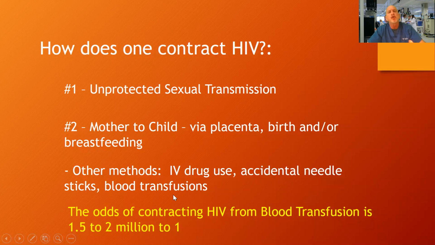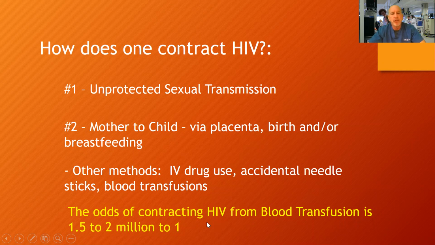Blood transfusions used to be a problem. When AIDS first hit the United States, there were quite a few blood transfusions that spread HIV. We have since developed the filtering techniques better, but it's not perfect.